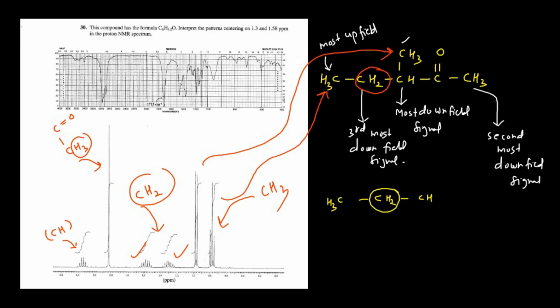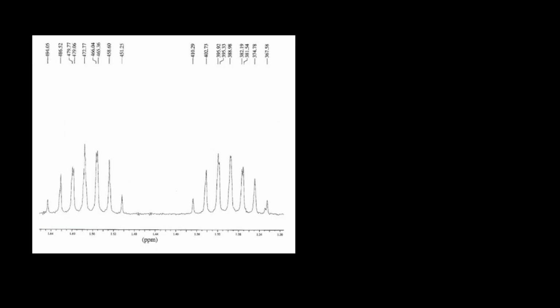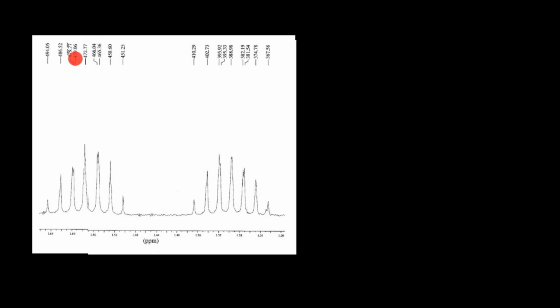But the question is that whenever these two different sets of hydrogens are there, and this CH2 is coupling with both of them, with which one will this CH2 couple first? This will be decided by the value of the coupling constant. You can very easily calculate the coupling constant from here to here.